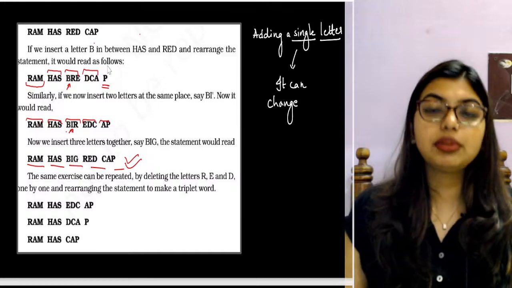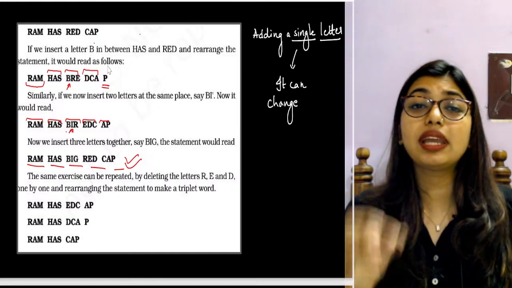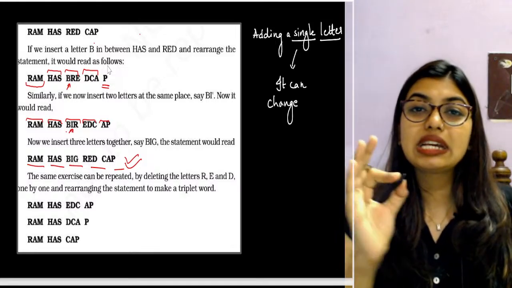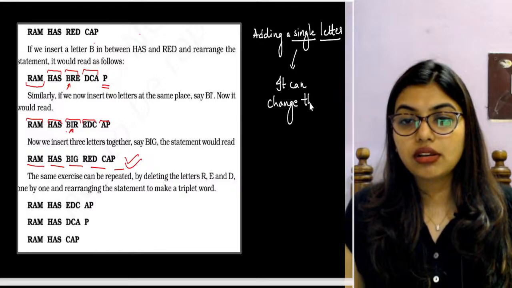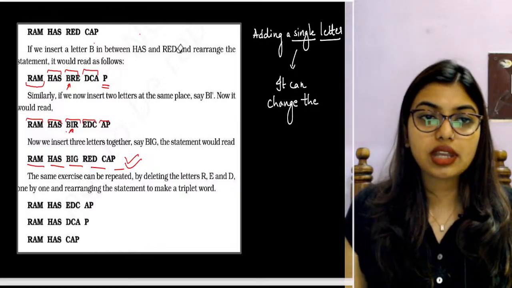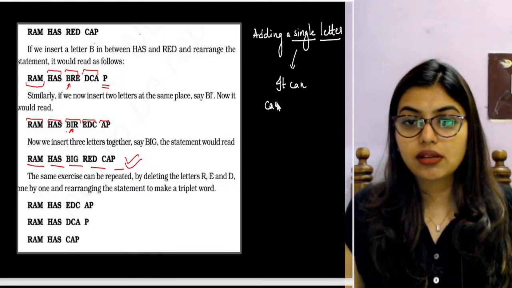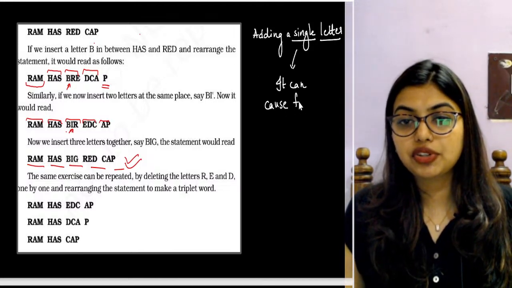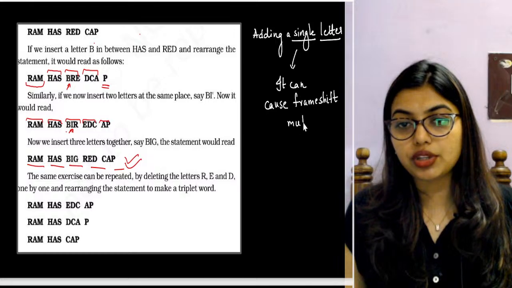I was comfortably able to read that Ram has red cap, but now I'm not able to read it anymore. Why? Because the frame shift happened. The reading frame shift happened. In the same way, it can cause a frame shift mutation.